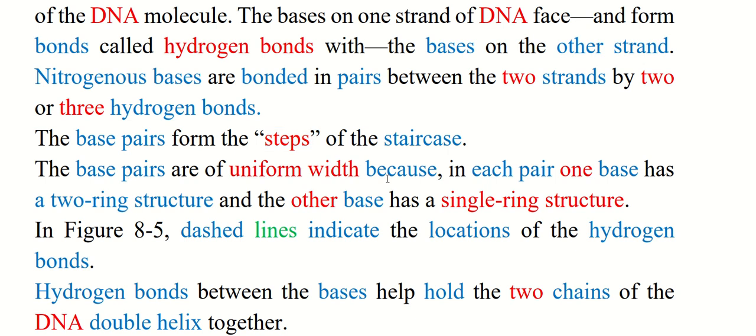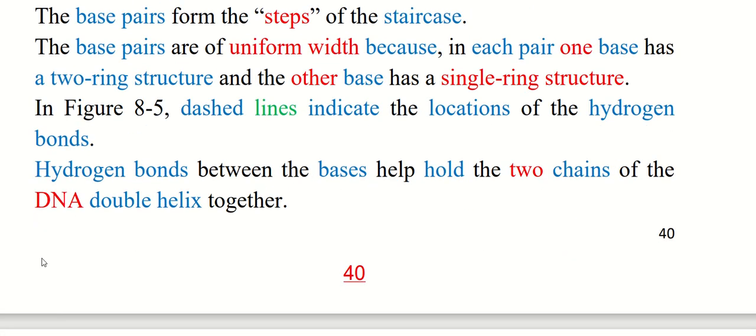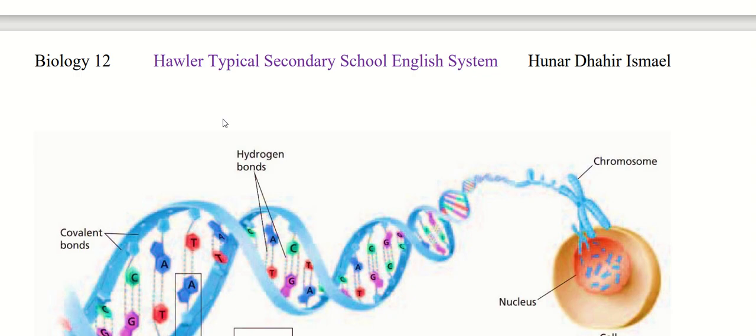The base pairs are of uniform width because in each pair, one base has a two-ring structure and the other has a single ring structure. The dashed lines indicate the location of the hydrogen bonds. Hydrogen bonds between the bases help hold the two chains of the DNA helix together.